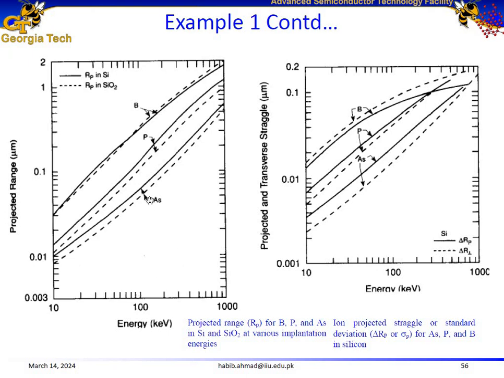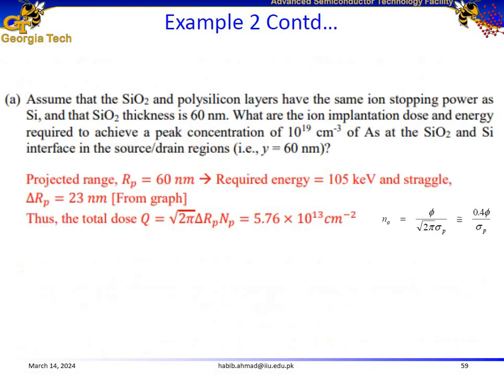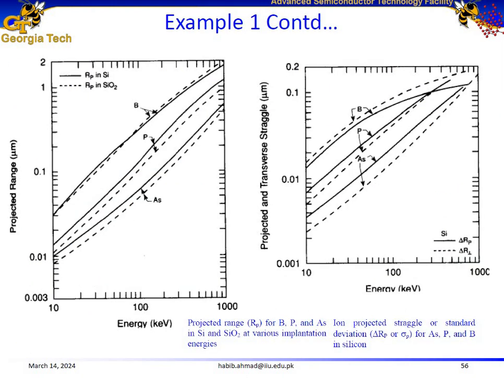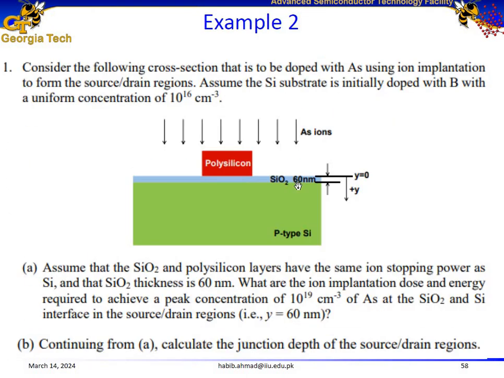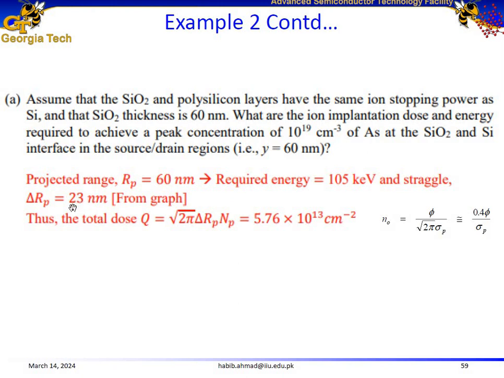The projected range is 0.06. We come to this point. Approximately 100 kiloelectron volts is the required energy. To be more exact, it's 105 kiloelectron volts. And for this energy, we can also calculate the straggle. For arsenic, the straggle is approximately 0.02 micrometers, or to be more exact, 23 nanometers.